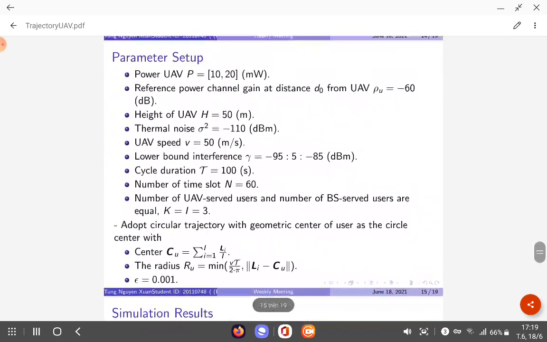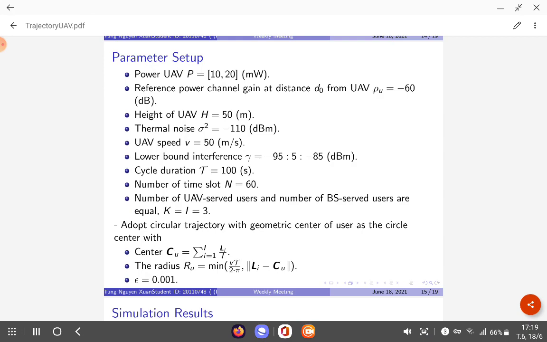So here we have the parameter setup. The important things are the last three criteria. It is about the initial trajectory. I will use a popular initial trajectory: a circular trajectory with the center at the central location of all users and with radius the minimum of the movement distance or the distance from users to the center.